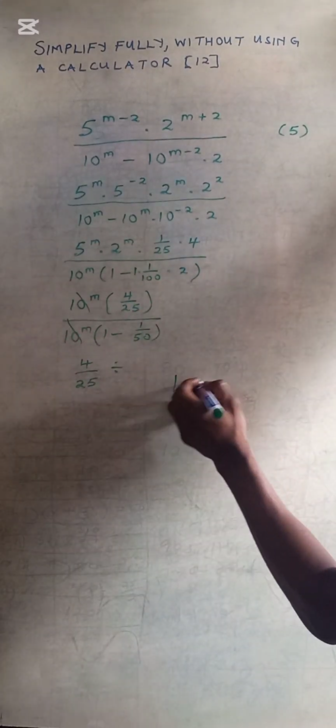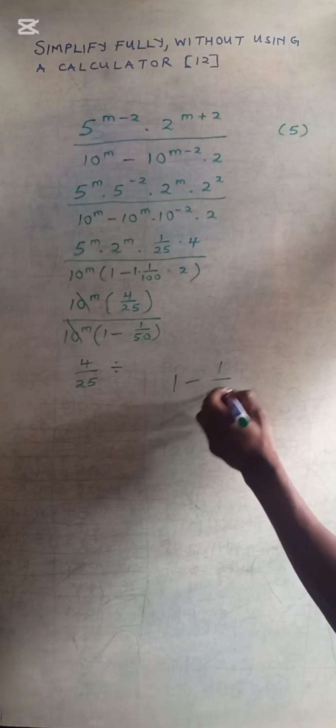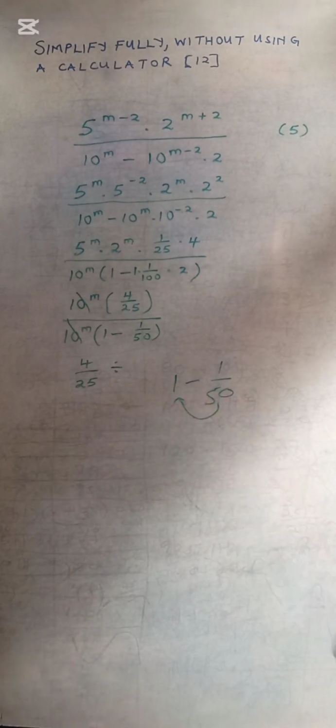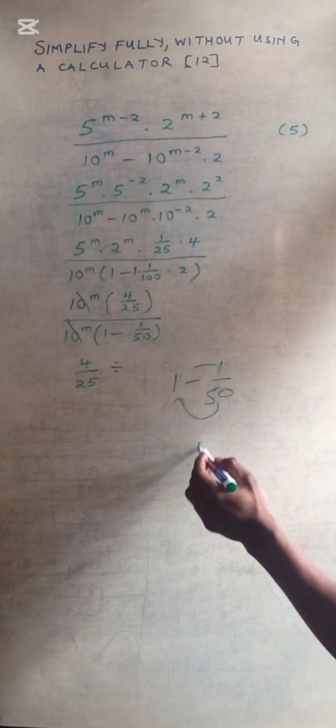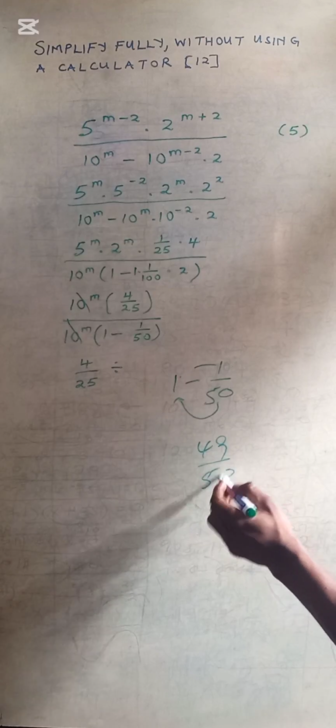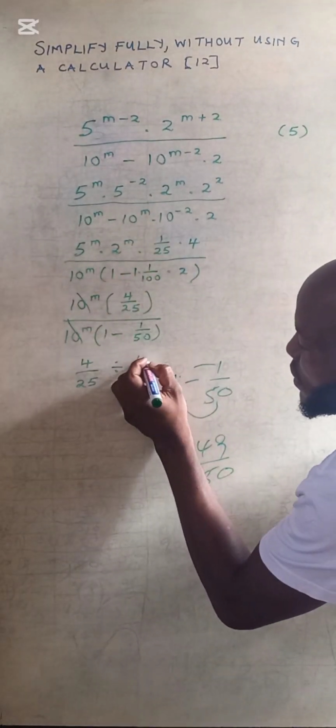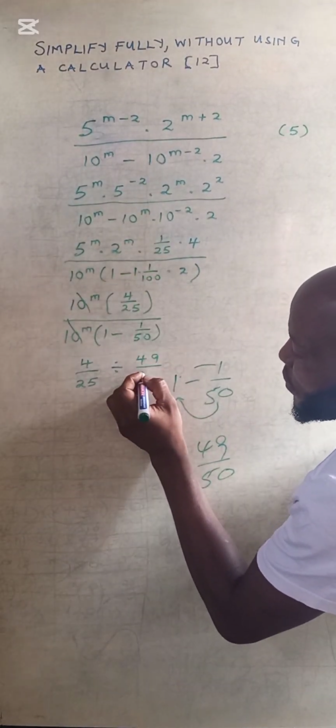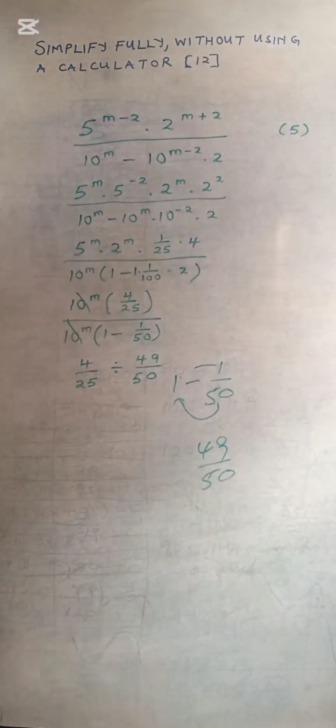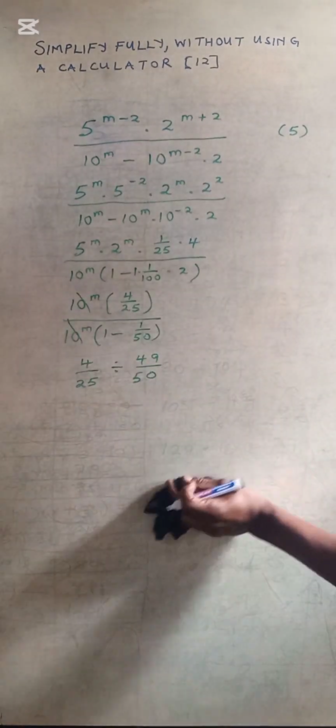Divided by 1 minus 1 over 50. This by this is 50. 50 minus 1 is 49 over 50, right? So this is the same as 49 over 50. They said we must simplify without the use of a calculator.